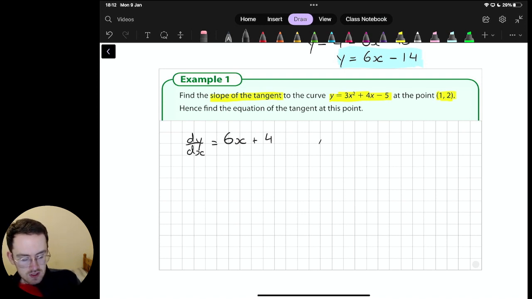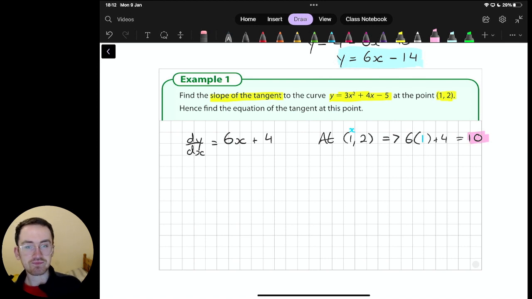Now at the point (1, 2), we're going to do the same as before. We are using the x coordinate, and we're going to sub that in anywhere that we see x. So we're subbing in a value of 1, and we're adding that together, and we get a slope of 10. And this is our slope. Hence find the equation. So same as before, we use our formula for the equation of a line.